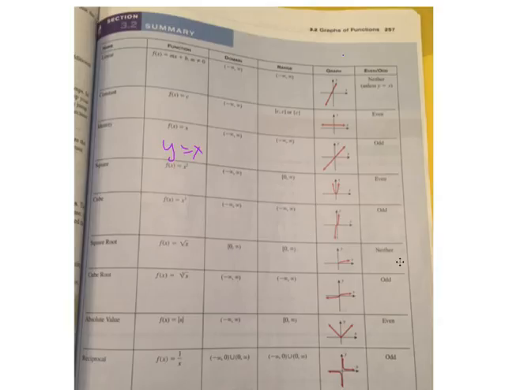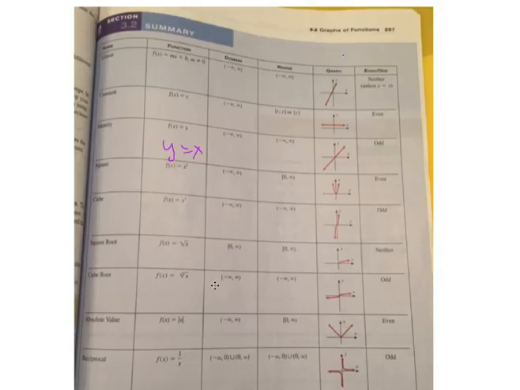Square root function looks like this. It is neither odd nor even, and my domain and range are both 0 to infinity. The cube root looks like this, and the domain is from negative infinity to infinity, and so is the range. And it is odd. Notice it's symmetric over the origin.